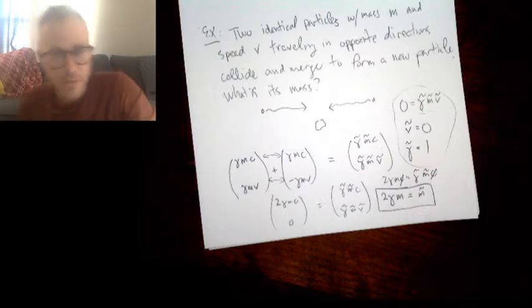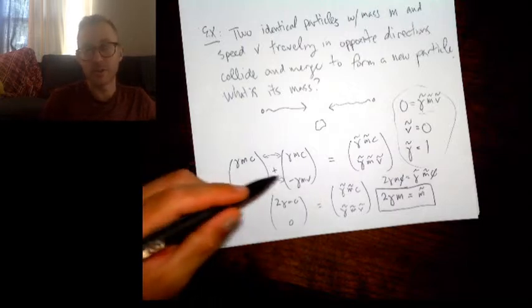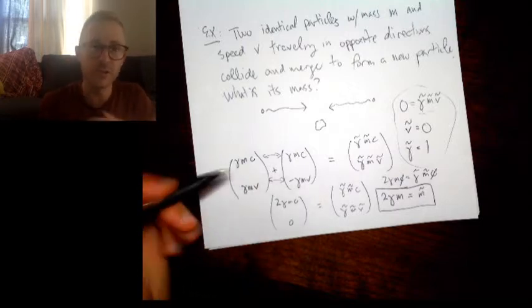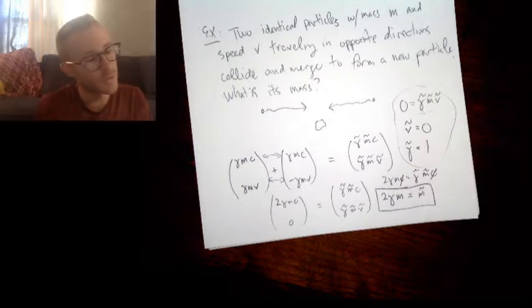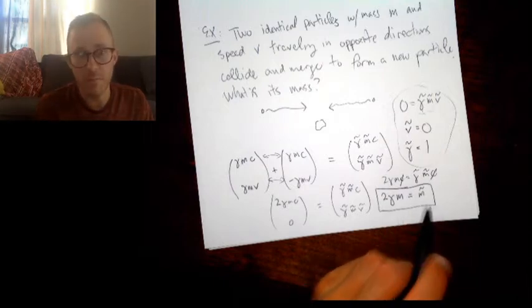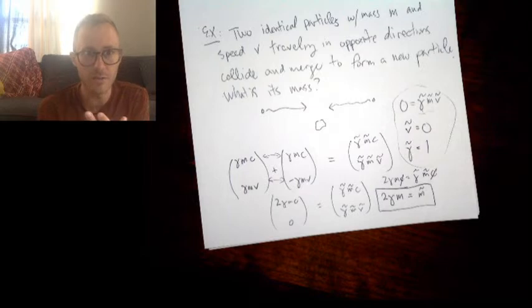Now, it's interesting. If these two particles are going slowly so that they could be considered non-relativistic, then gamma is going to be approximately 1, and so we would get that the mass of the composite particle was approximately 2m, which is the non-relativistic logic.